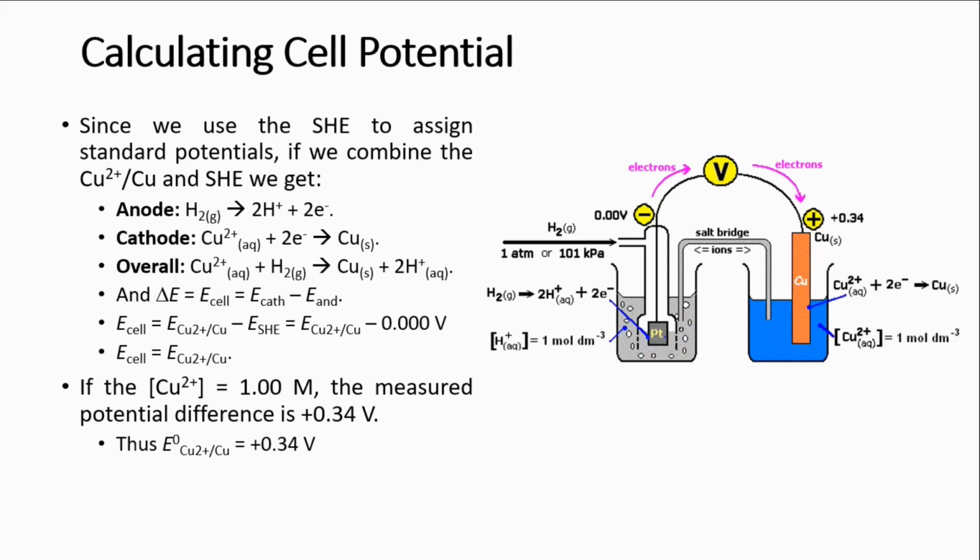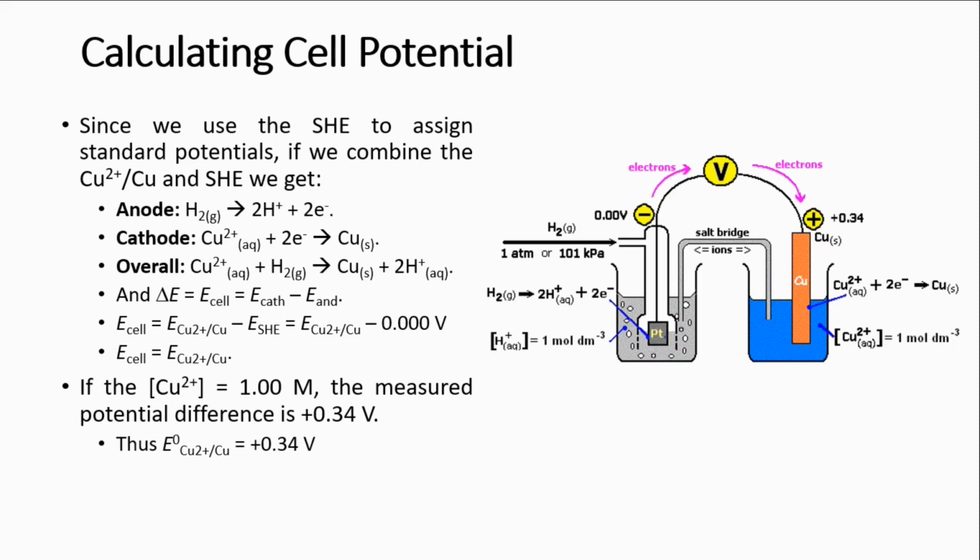Well, remember the copper electrode immersed in a copper salt solution was made the cathode. What happens at the cathode? Reduction occurs at the cathode, and oxidation occurs at the anode. But the anode was made to be the SHE. The SHE has no contribution.